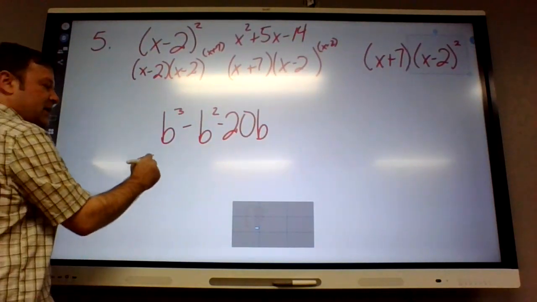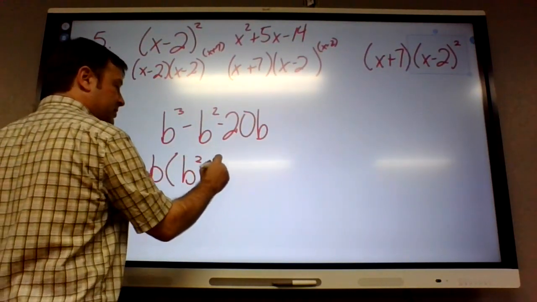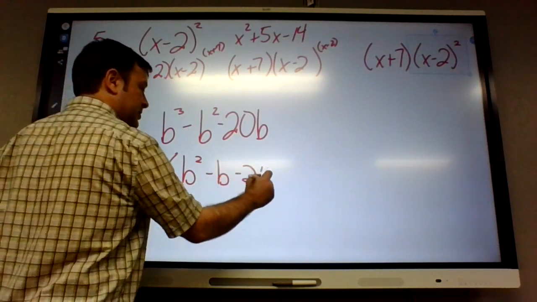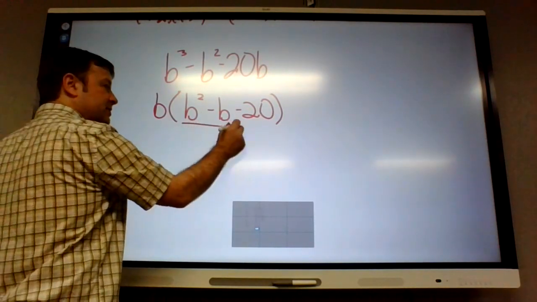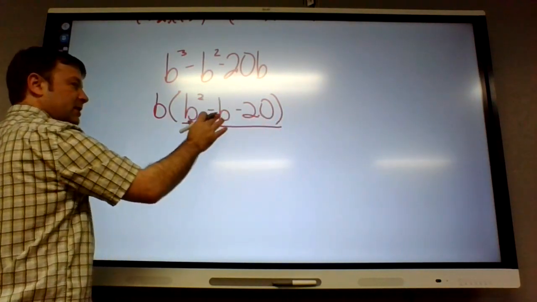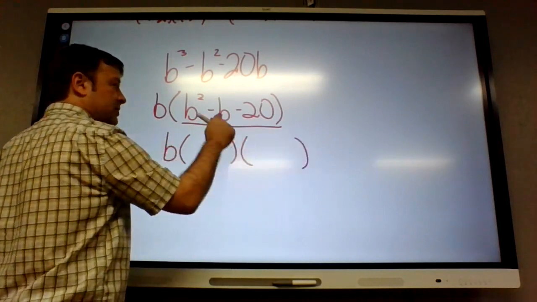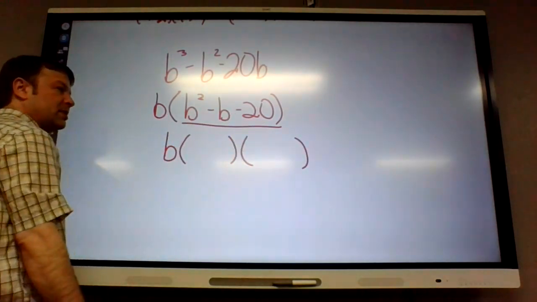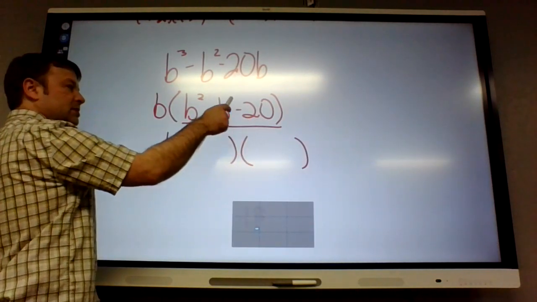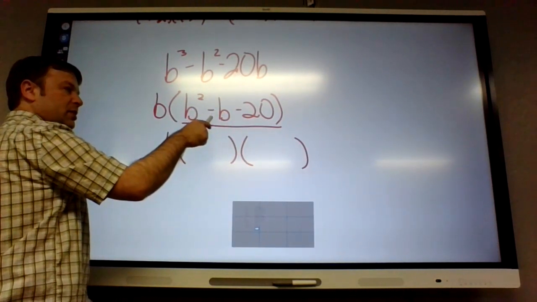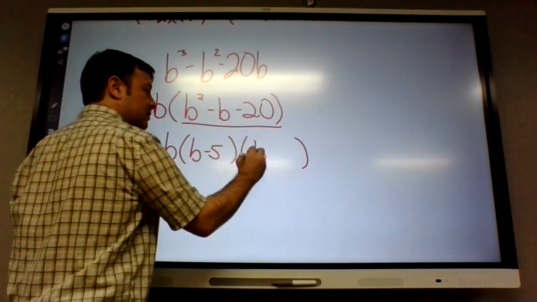You should always check, can I take something out? Usually no, but sometimes yes. So you should always check that first. And then after you take something out, sometimes there's other factoring that can be done, right? So this thing in parentheses is a 3-term, b squared, b, number. So what multiplies into negative 20 that adds up to negative 1? Minus 5 plus 4.